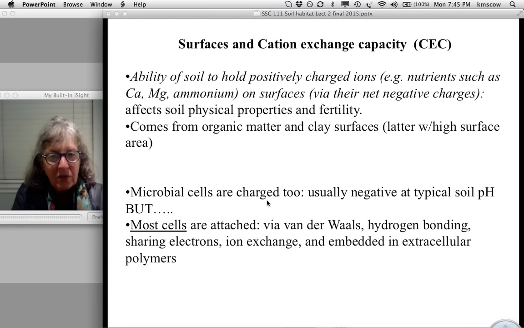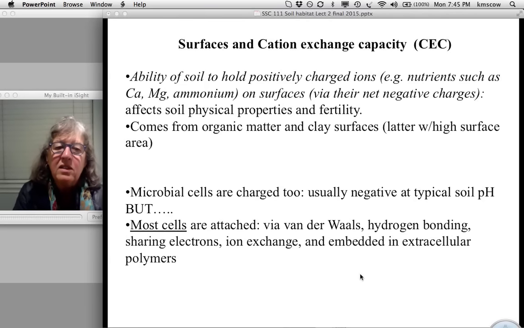Okay, I want to throw this in. Microbial cells are charged too, but they are usually negatively charged at typical soil pHs. But they are attached to surfaces as well, not through cation exchange capacity, but through other types of chemical reactions like van der Waals forces, hydrogen bonding, maybe sharing electrons.